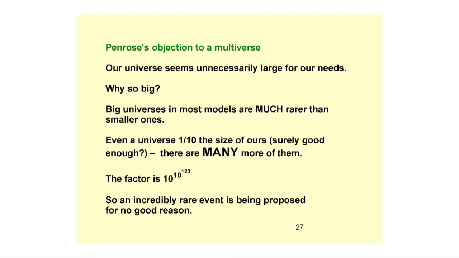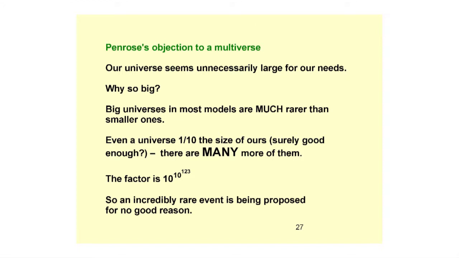Now, Roger Penrose, who you've heard of, has an objection to this. He says, our universe seems unnecessarily large for our needs. It's bigger than it has to be. Why is it so big? Well, he says, in most of the models, big universes are much rarer than smaller ones. You just have to produce a theory of universes and you can work this out, according to him.